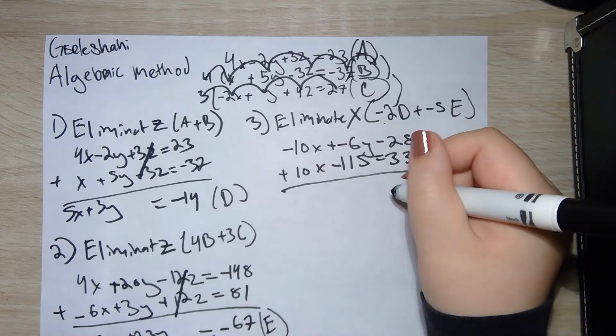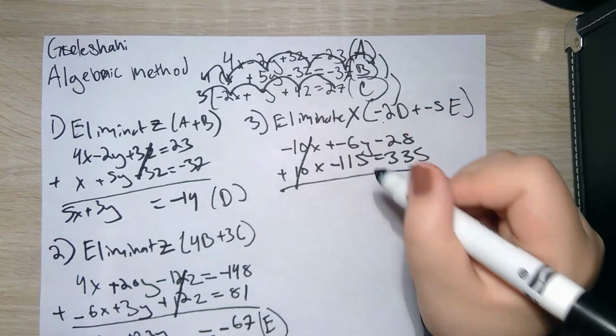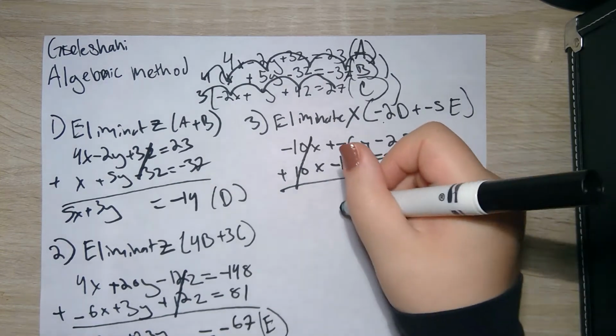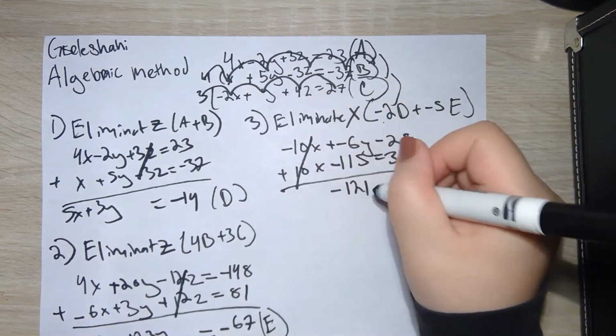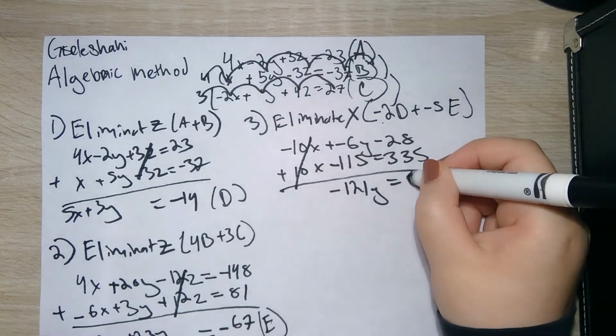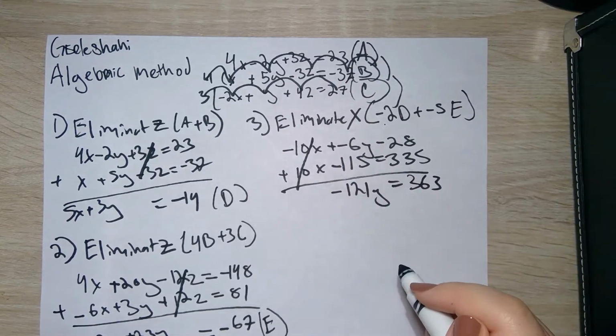And then these eliminate. -6 plus -115 is -121y equals 363. And we're not done yet.